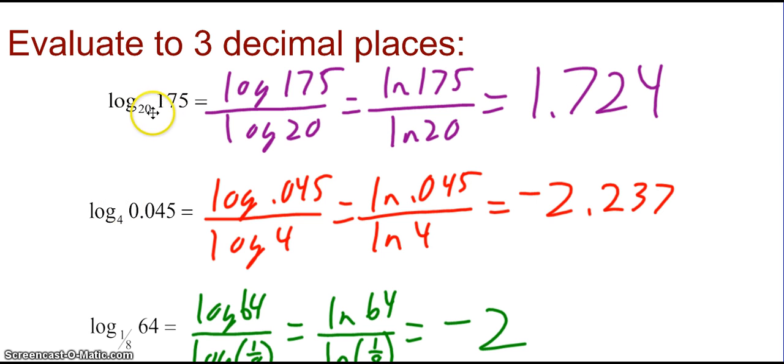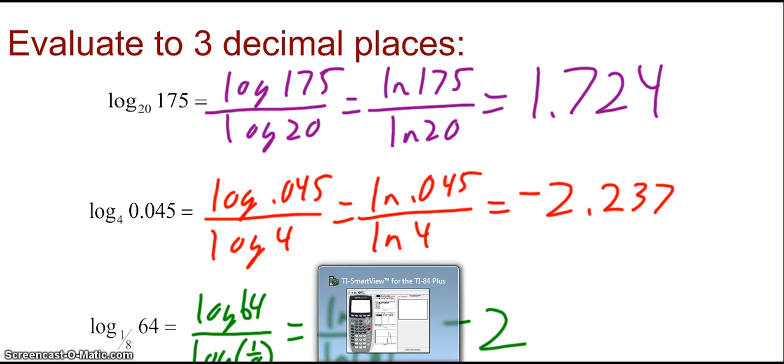Alright, so we know log base 20 of 175 is log of 175 over log 20, or natural log of 175 over natural log of 20. You do not need to write these down. I'm just showing you what they are equivalent to, and if I type this into my calculator correctly, I get 1.724.